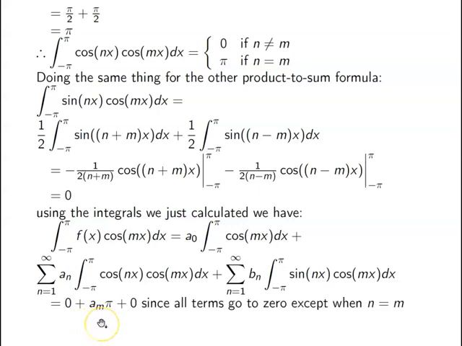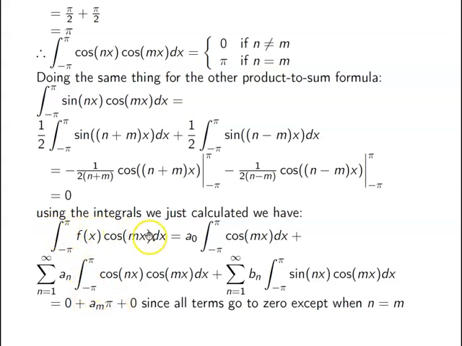Here, all the terms go to zero except for when n is equal to m, and that's why we have a sub m. So for all of these sums, it all goes to zero except for the specific case when n and m are equal here. And so that's why we wrote a subscript m pi.